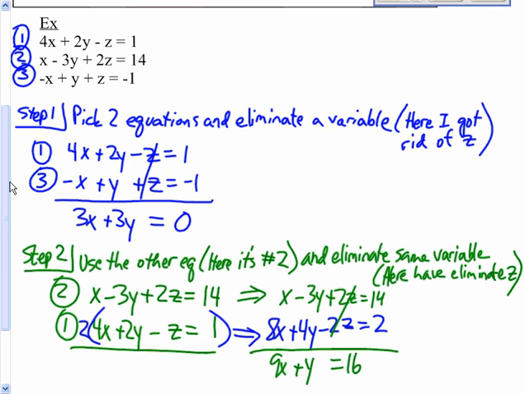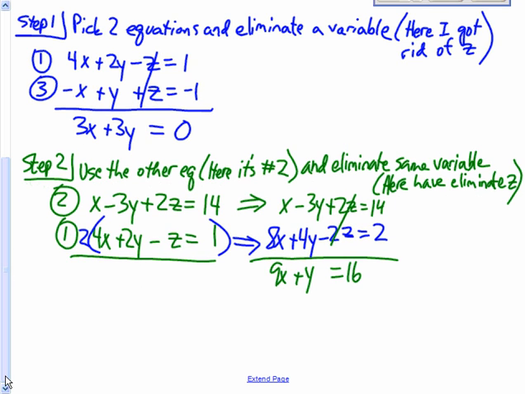Now, what I've done is I found the intersections of these planes, and I'm down to two lines, line A and line B. The planes 1 and 3, if you're looking up at step 1, intersect at line A, that 3x plus 3y equals 0.